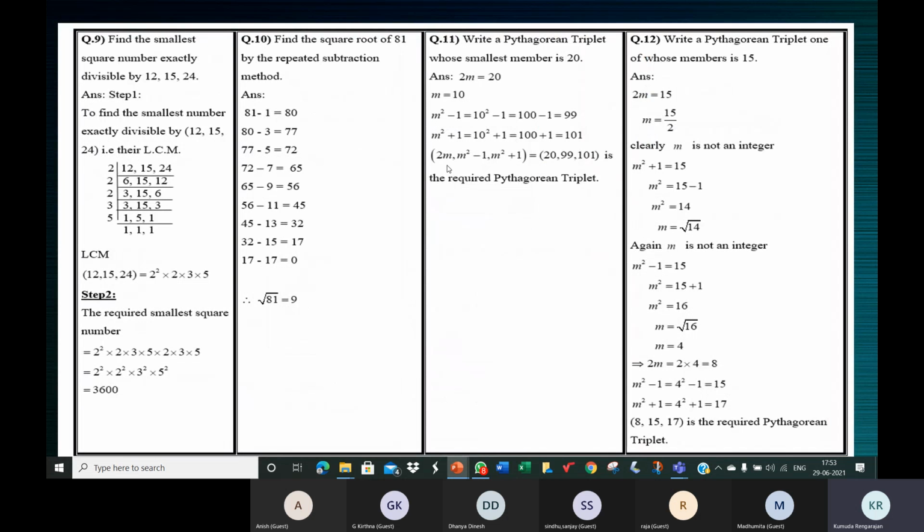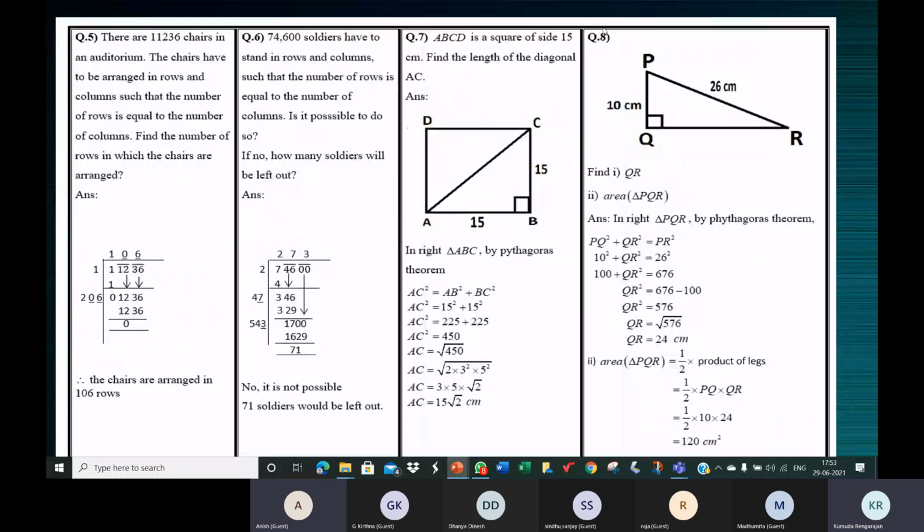When you square 2m the whole square, children, we are familiar with the Pythagoras theorem, right? Yes. Now you tell me, children, so that I confirm that you understood. We'll assume PQ to be what? 2m.